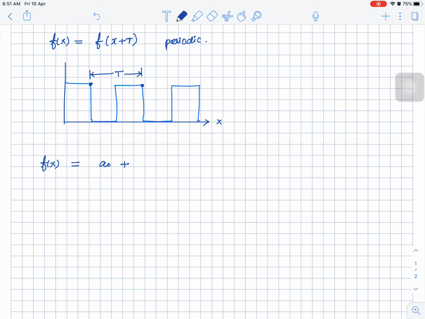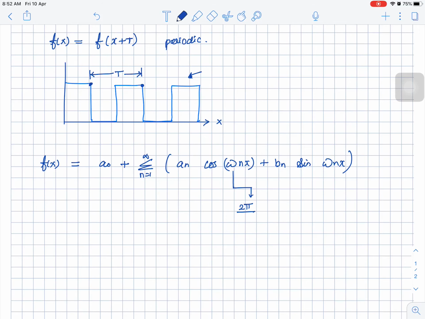So that is a naught plus summation n equal to 1 to infinity of an cos omega n x plus bn sine omega n x. So what is this omega? This omega represents the frequency of this wave.